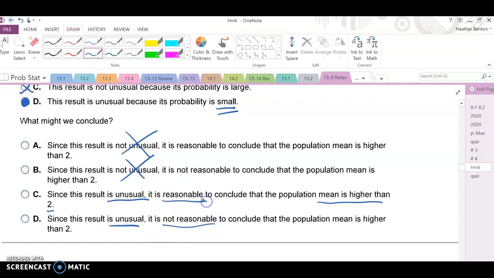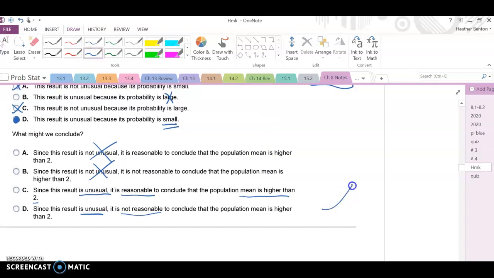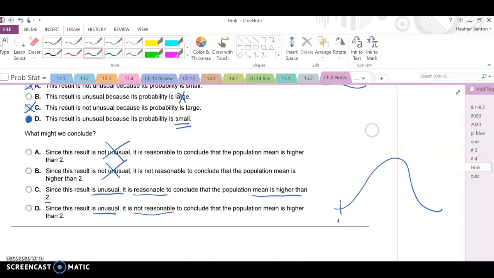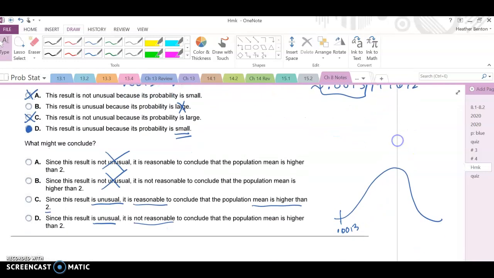Here's the difference: it is unusual to assume that the mean would be 2. Think about it in terms of the tails. Our number was 0.0013, and our mean was 2, so it's way out here in the tails. So the probability is that the mean would be higher than 2, which is C as in cat.